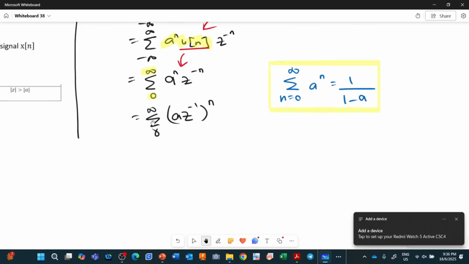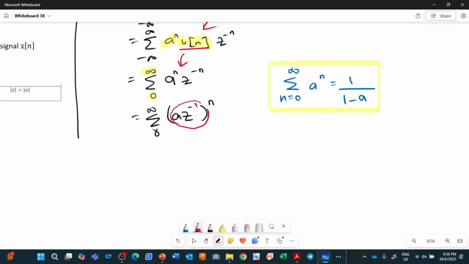So what is your a over here? This whole thing, right? So you can write it as 1 over 1 minus a z inverse.